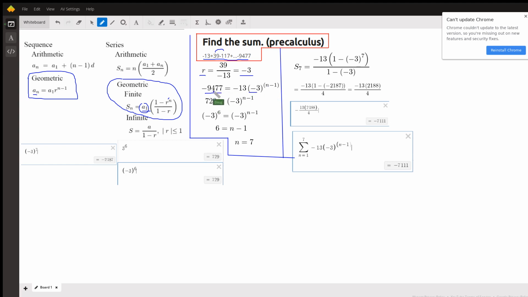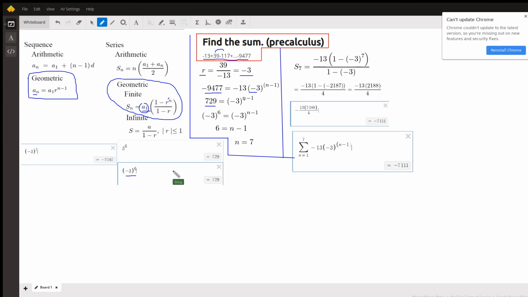If we divide both sides by -13, we get 729 equals -3 to the n minus 1. Now, if 729 wasn't a power of -3, we might have to use logarithms to find n. But here it is, -3 to the 6th power is 729.